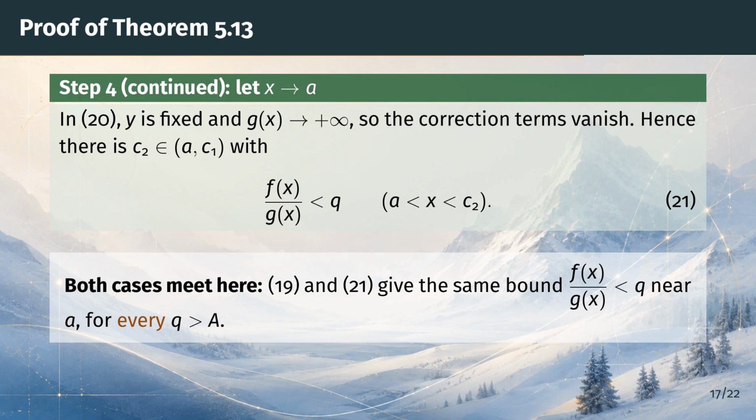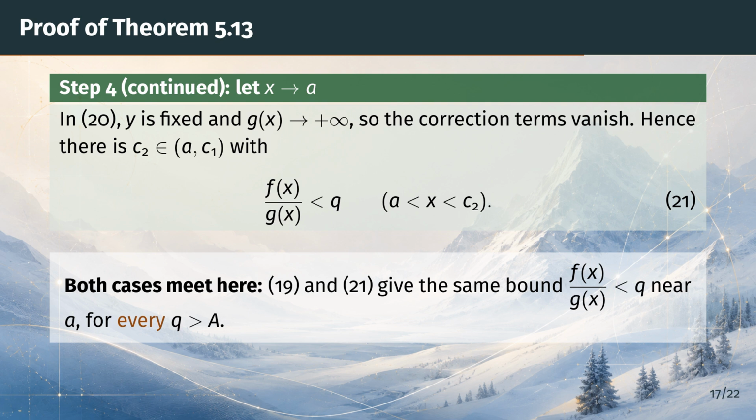So there is a still smaller cutoff, c sub 2, beyond which the quotient f of x over g of x is less than q. That is inequality 21. Notice that both cases have now landed in exactly the same place. Whether we are in the 0 over 0 situation or the infinity situation, we have shown that for any q bigger than a, the quotient is eventually less than q.